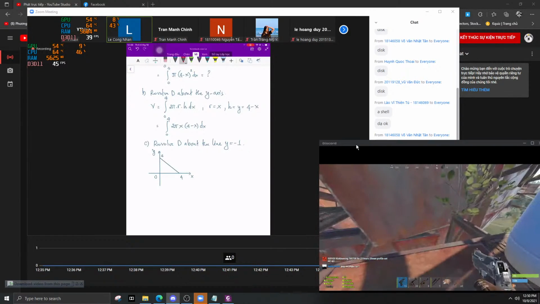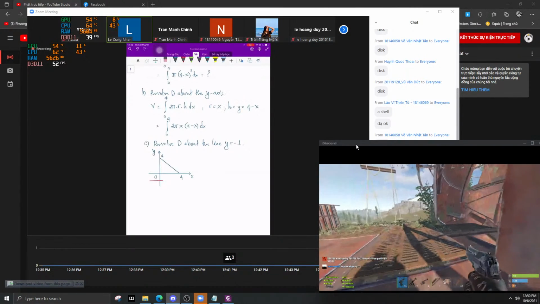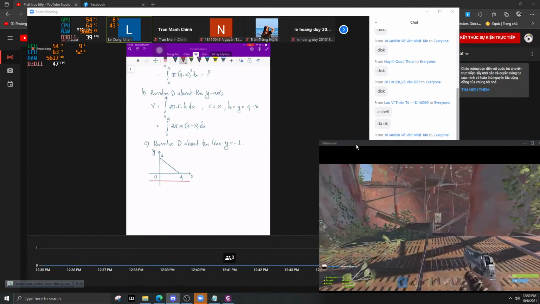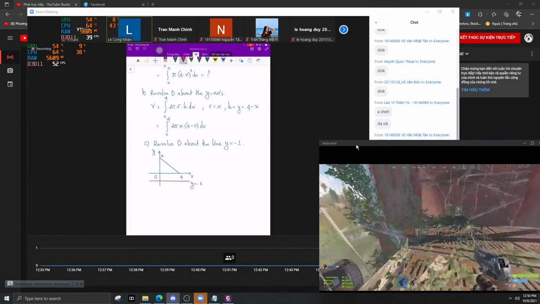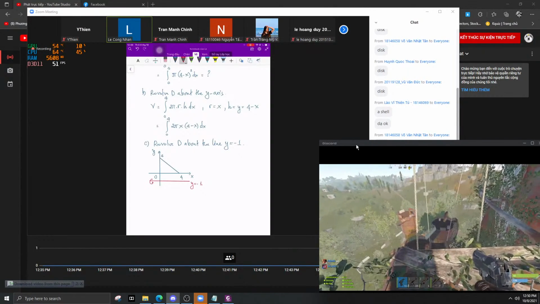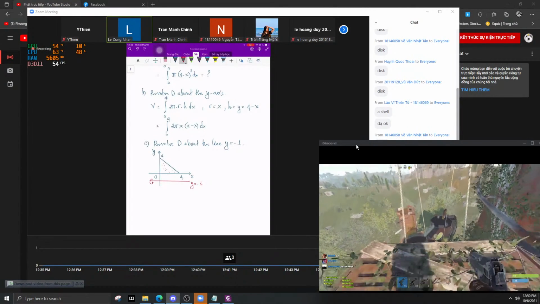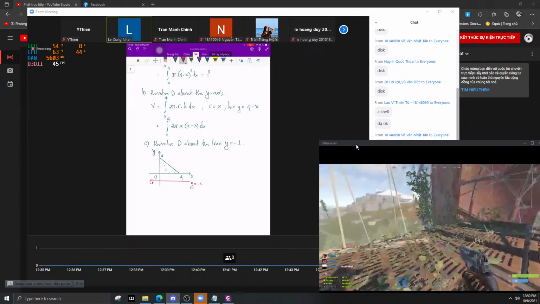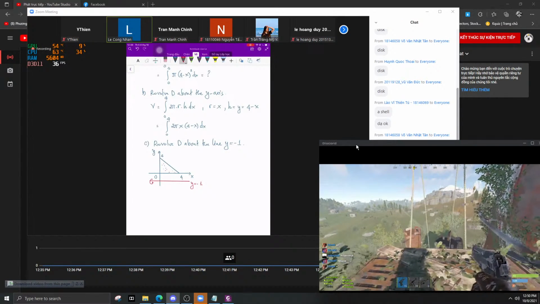The axis of revolution is y equals minus 1. If we rotate the region about this line, we get the solid of revolution.